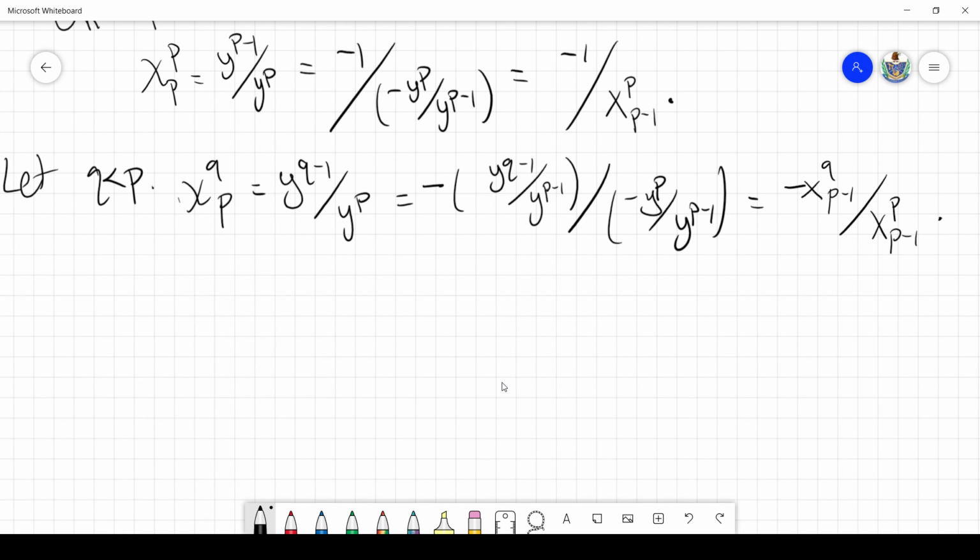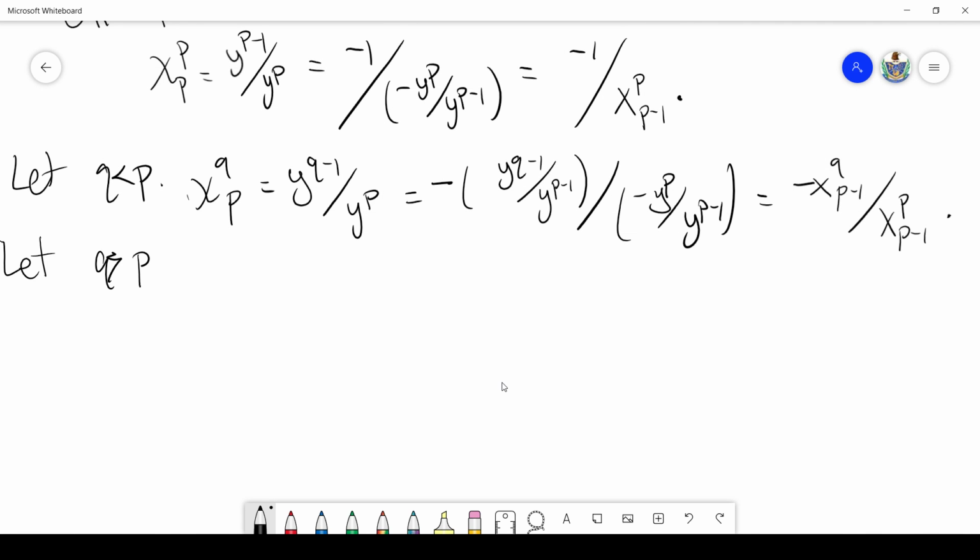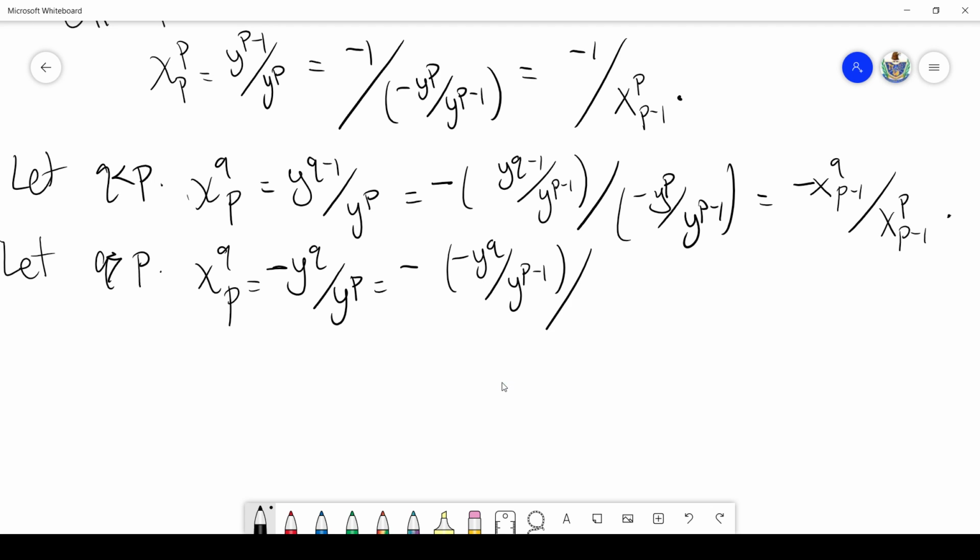Okay. Now we're going to assume that q is greater than p. Then xqp is going to be, sorry, negative yq over yp. And then we can normalize in the same way.